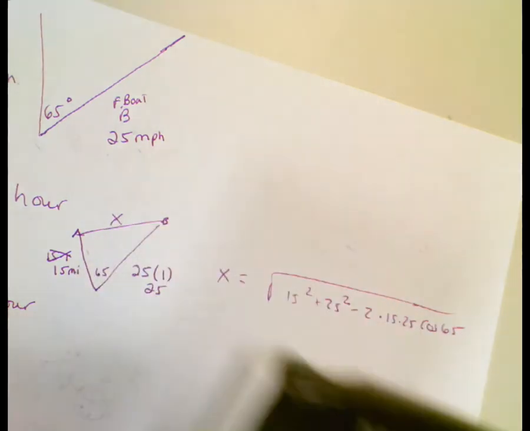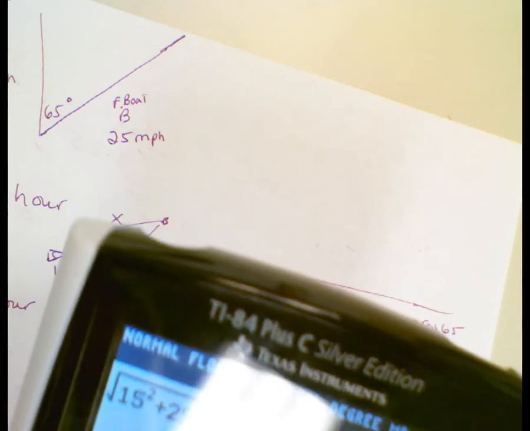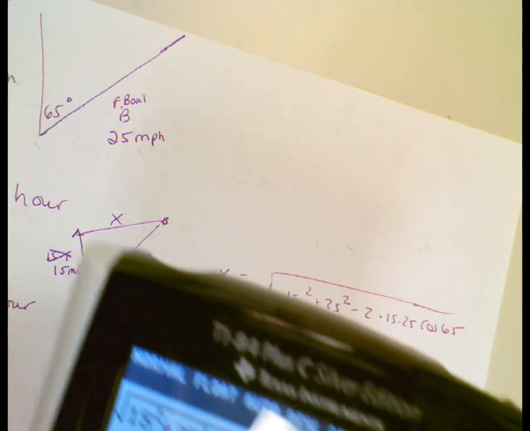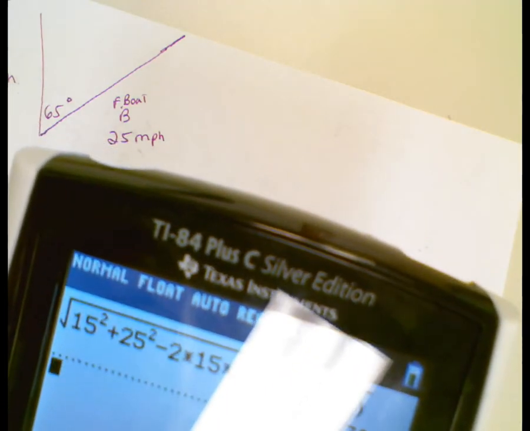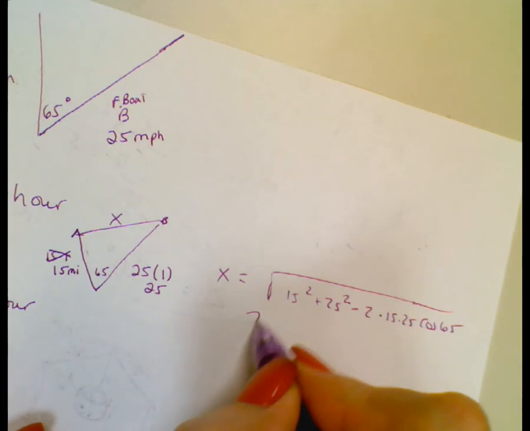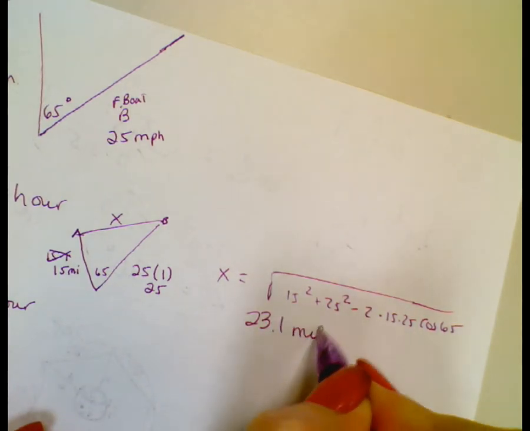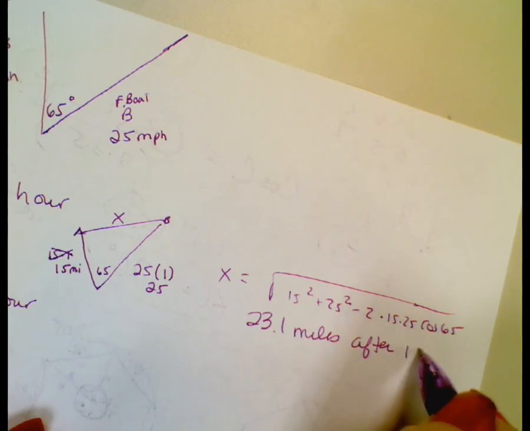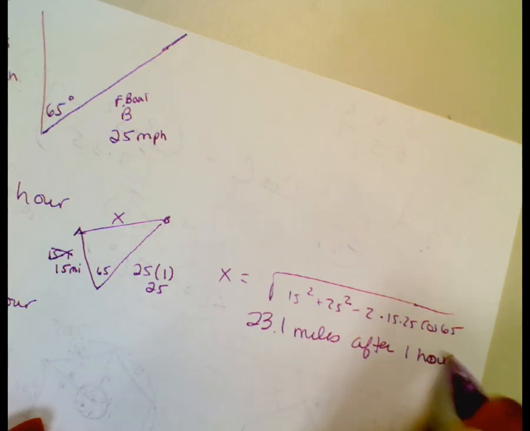Do you see how this calculator is pretty important in this section? You get 23.1. So they're about 23.1 miles apart after 1 hour. So I'm going to write after 1 hour.